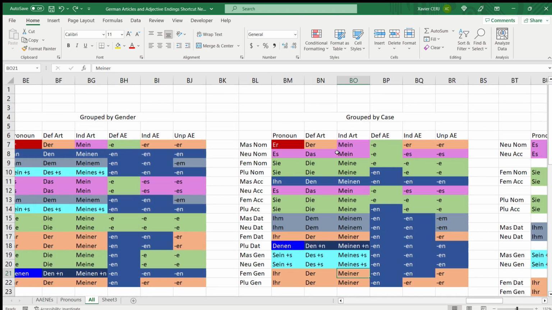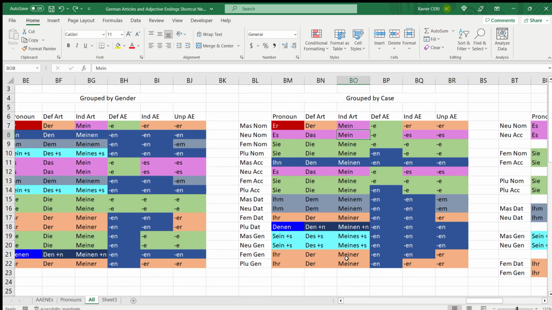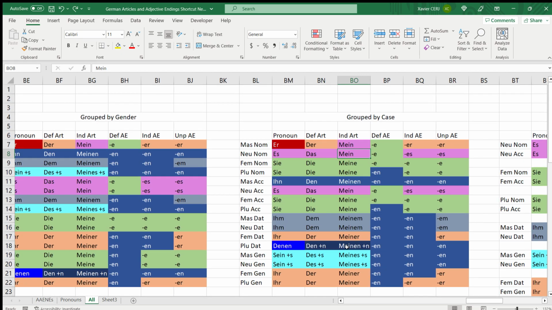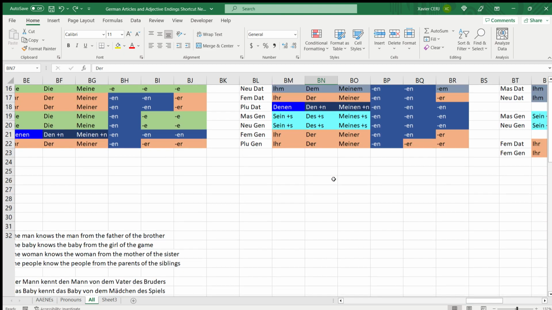The only exceptions are der mein, das mein. Is that it? Those are the only two exceptions? I think that's it. Der mein and das mein, where they both end with n in the indefinite article, but in the definite articles none of the letters are the same, except for this e, I guess. But, yeah.